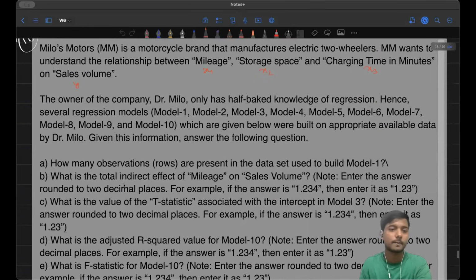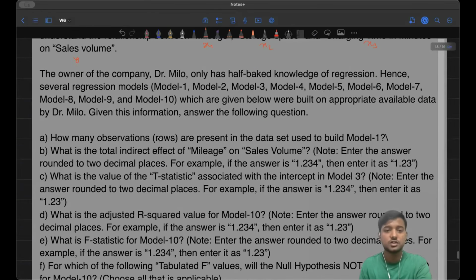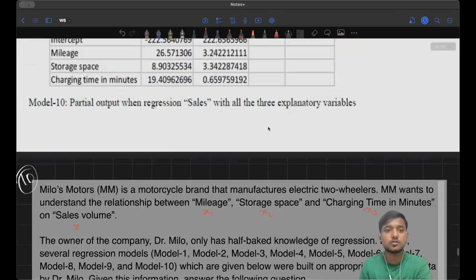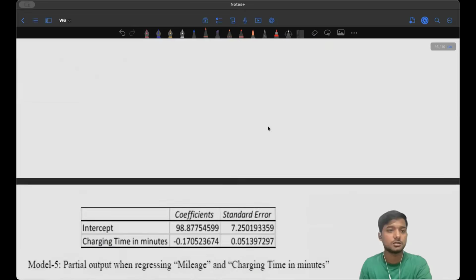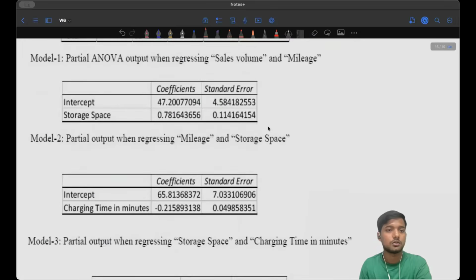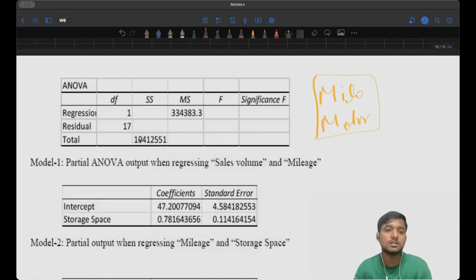Now it is asking, how many observations are present in the data set used to build model 1? So let's go to model 1. Model 1 is this thing. How do I get the number of observations? Number of observations is n.